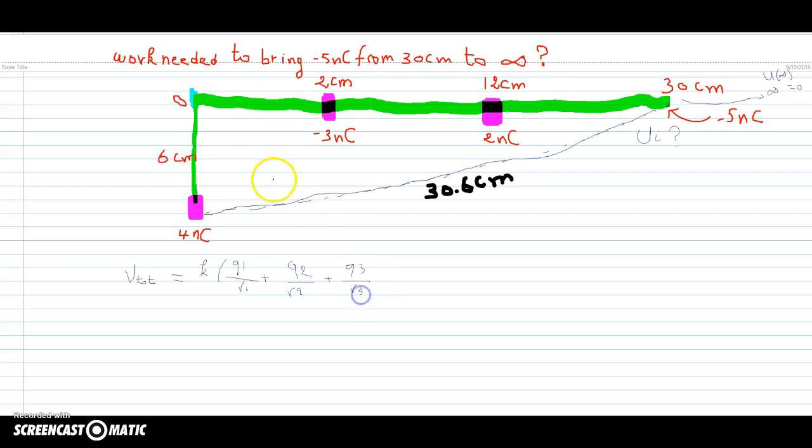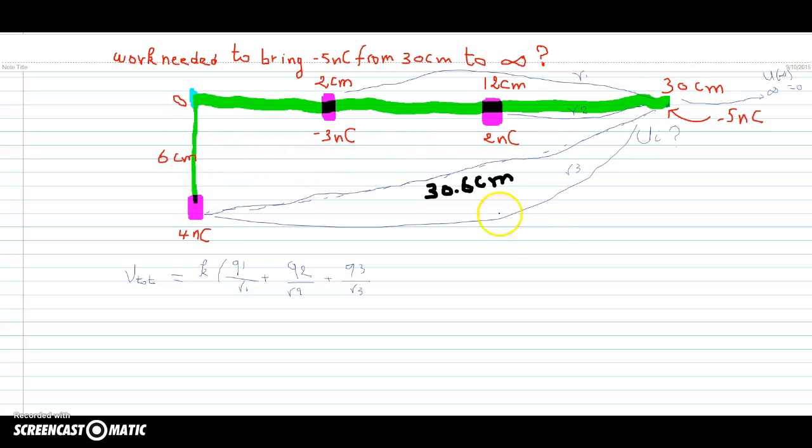What are R1, R2 and R3? R1 is here, R2 is this one, and R3 is this. That I calculate using the Pythagorean theorem.